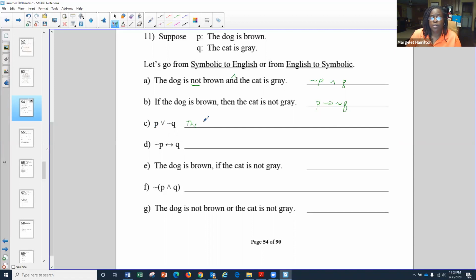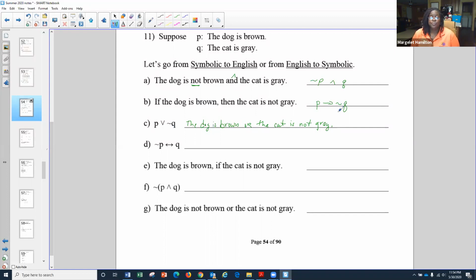So the dog is brown, or negation Q is the cat is not gray. Okay, everybody see what we're doing?